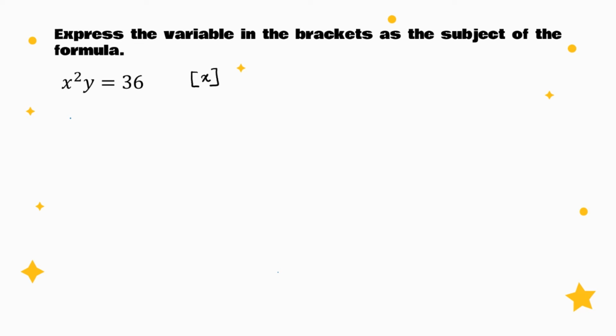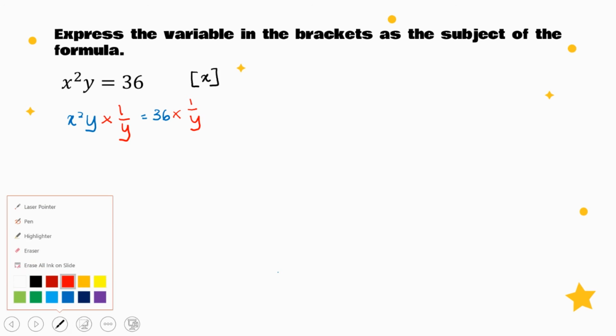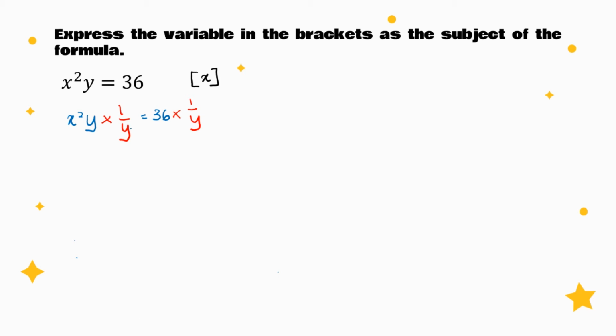So x square y we times with 1 over y, equals to 36 times 1 over y, because we perform equality concept. So we cut off y and y, and we will get x square equals to 36 over y.